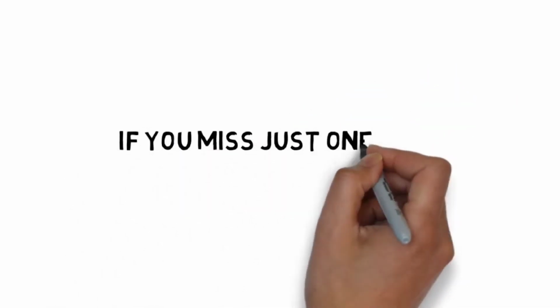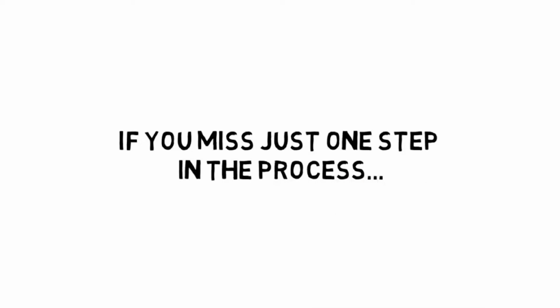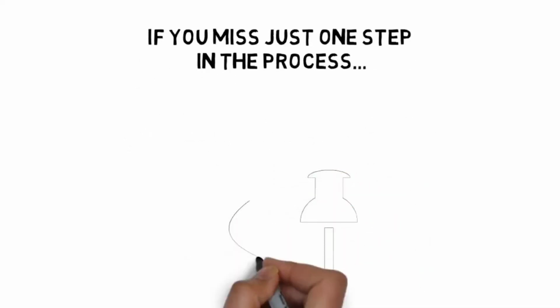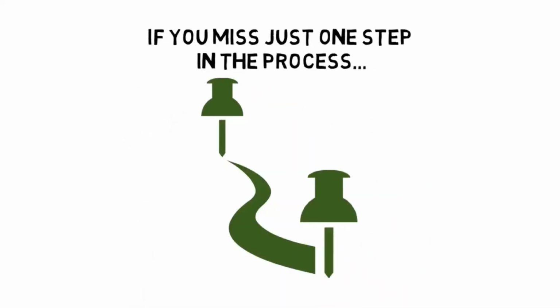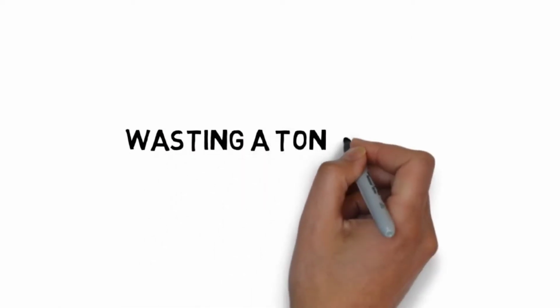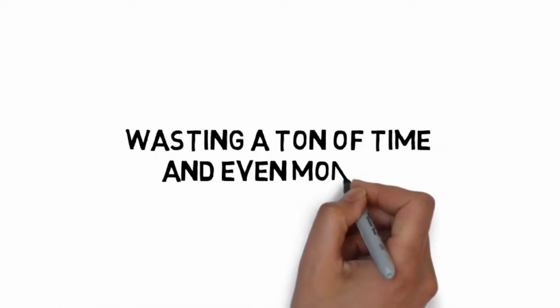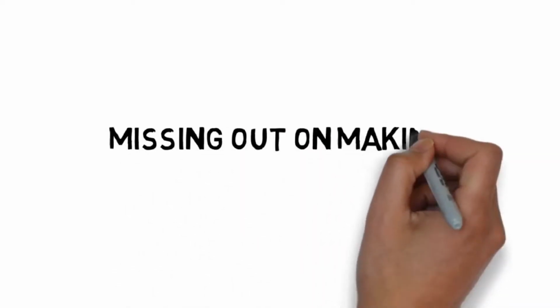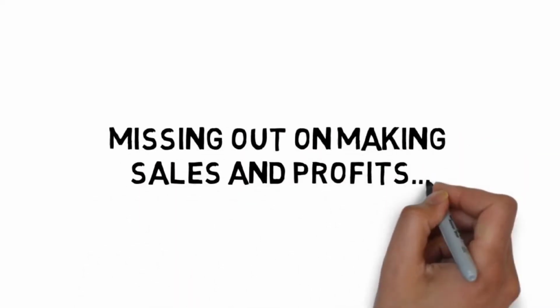If you miss just one step in the process of getting your campaigns set up, tracking them, and knowing when to scale things up, you could find yourself wasting a ton of time and even money, and ultimately missing out on making sales and profits.